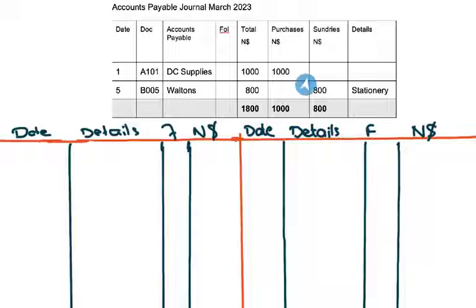In the sundries, I will add my amount, and in the details, I will only tell on what did I spend that money on, or what did I buy on credit. So first of all, let's look at the account names that will be involved. I will have purchases, I will have stationery, and I will have accounts payable. So in this instance, with the accounts payable journal, I will have 3 accounts.